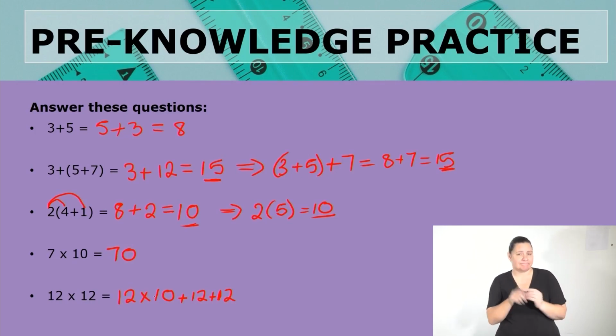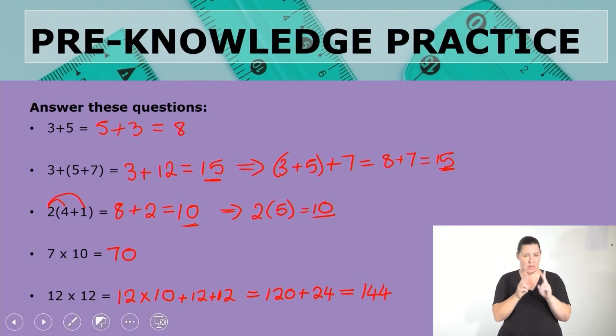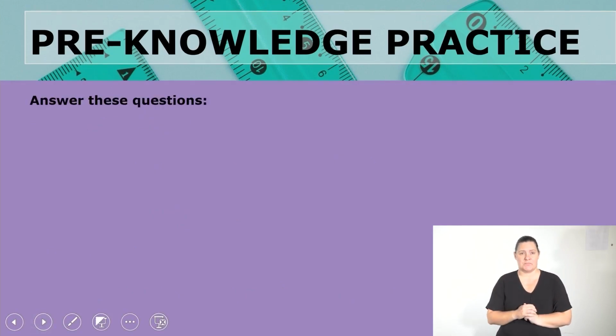So 12 times 10 is 120. Then we will add those two 12s, which is adding 24. That gives us a final answer of 144. So 12 times 12 is 144.